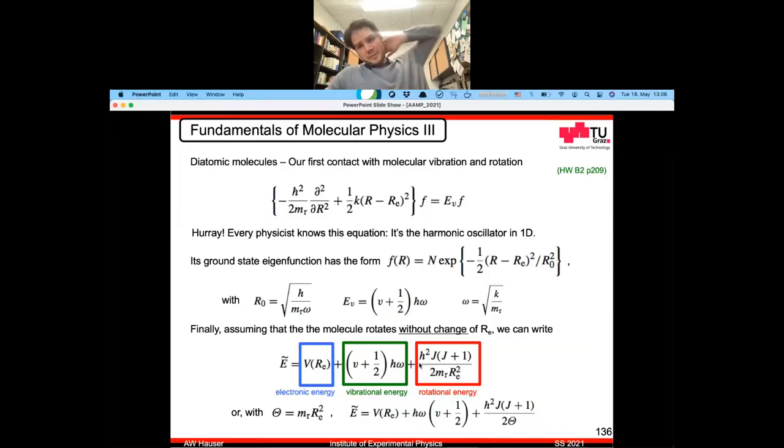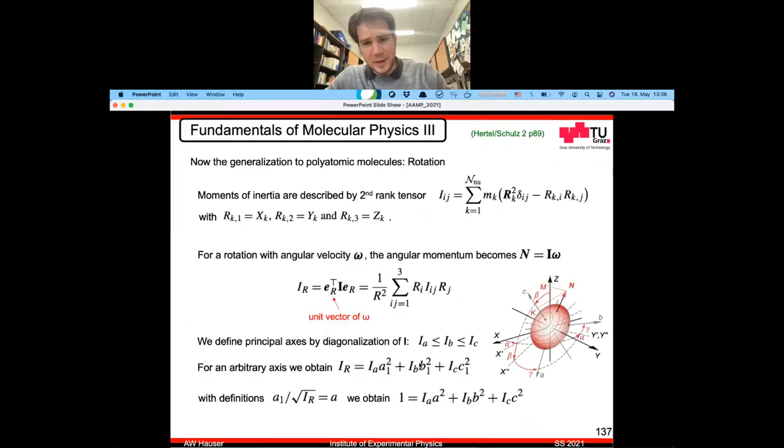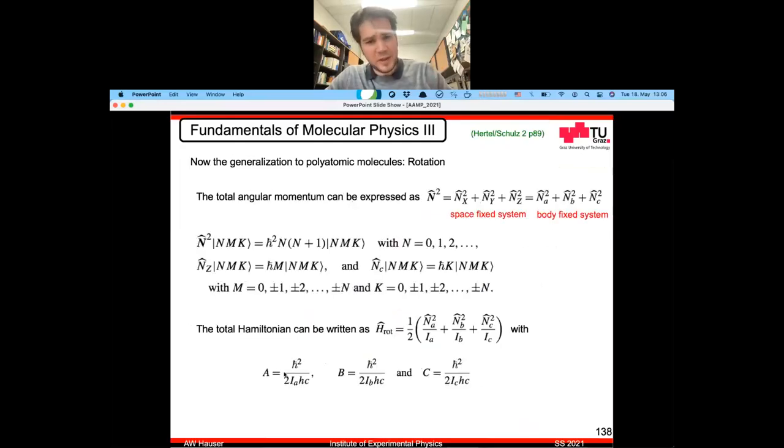Okay? And since these energies are comparably small, we said it's in the range of a few tens of wave numbers, it makes sense to have it already expressed in wave numbers, this constant b, right? So this is a very common thing in spectroscopy, to write these rotational constants not in the unit of joule, so not in an SI energy unit, but instead in centimeters to the -1.